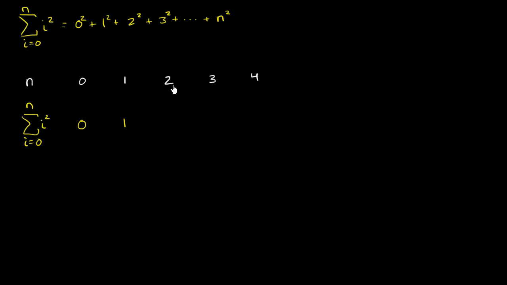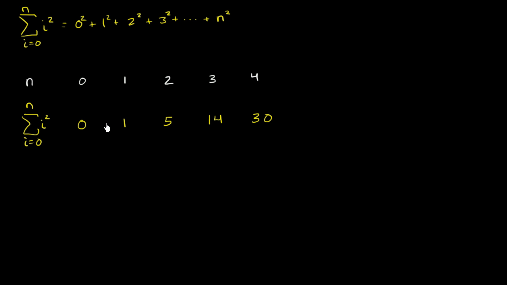When n is 2, it's 0 squared plus 1 squared plus 2 squared, so that's 1 plus 4, which is 5. When n is 3, it's going to be 1 plus 4, which is 5, plus 9. So 5 plus 9 is 14. And then when n is 4, we're going to add the 16, 4 squared, to this. So this gets us to 30. And of course, we could keep going on and on and on.